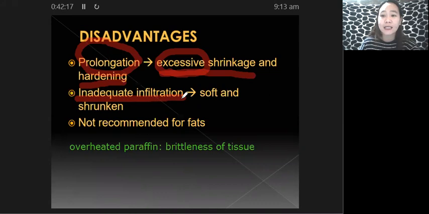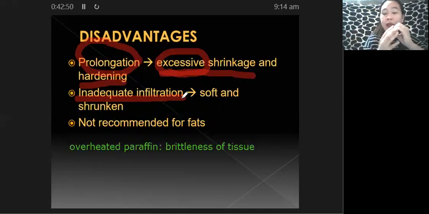Shrunken in the sense that it doesn't have a firm consistency. So kunwari, bilog siya dapat. Okay, so kunwari, it's supposed to be circular. Your tissue is supposed to be circular. If there is inadequate infiltration, the circular nature of your tissue sample might not be observed.